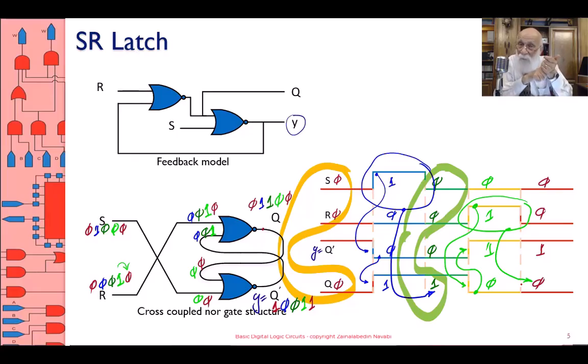If I see a 1 on my output, I say, okay, the last positive pulse must have been on S, or set. That's why my output is set to 1. And therefore, S is for set, R is for reset.